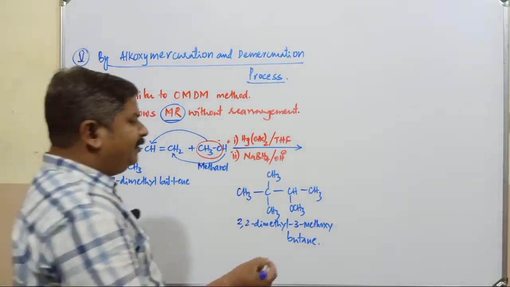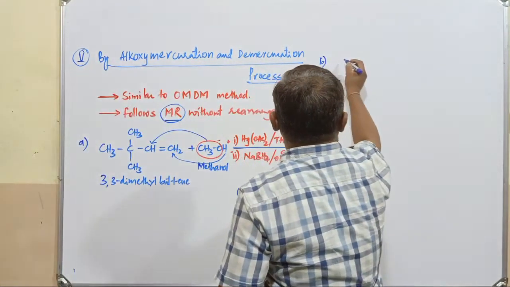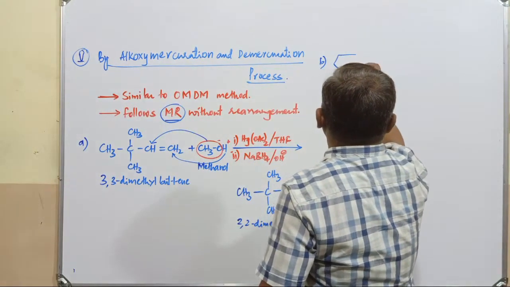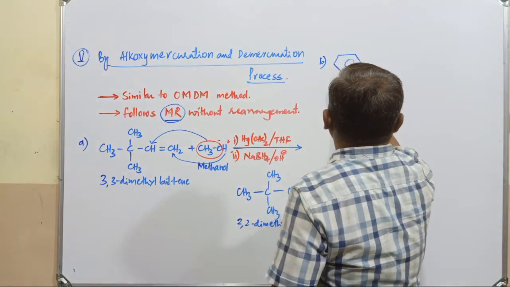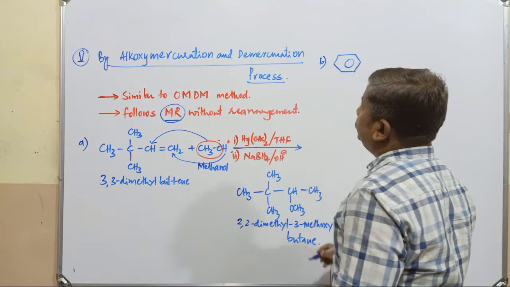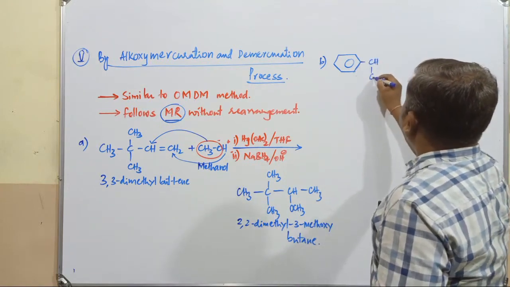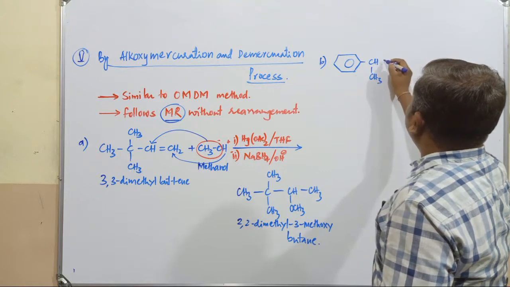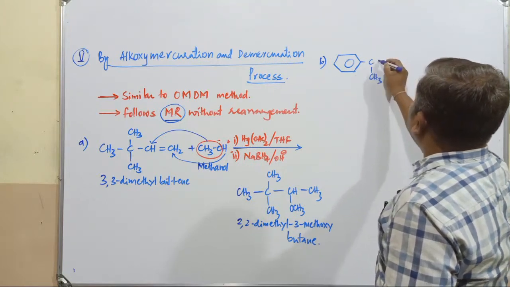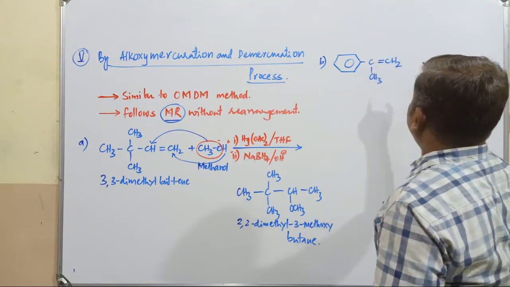Next, if you consider one more example for the same reaction, alkoxymercuration and demercuration process. This is CH3, C, double bond CH.